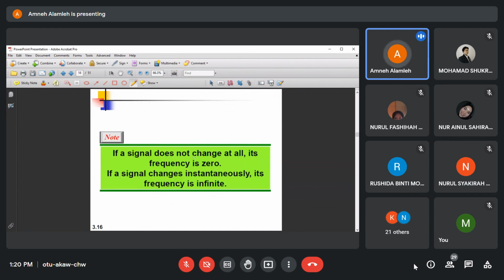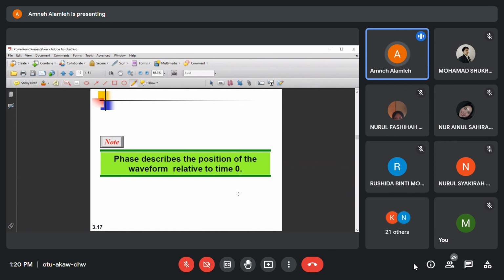If a signal does not change at all, its frequency is 0. And if a signal changes instantaneously, its frequency is infinite. We stop at this slide, 3.17.